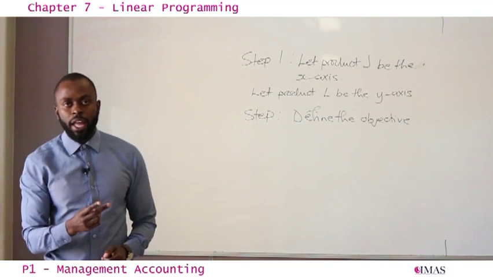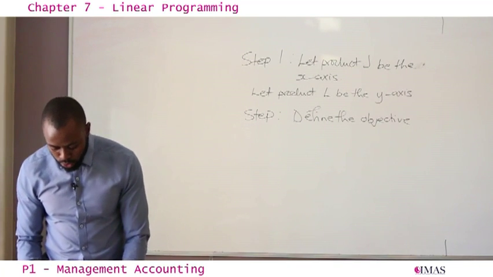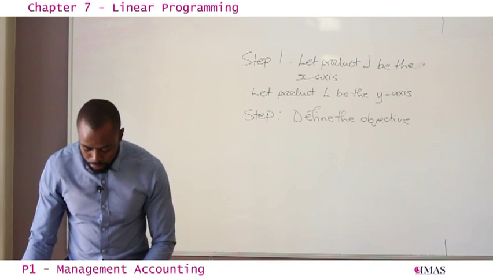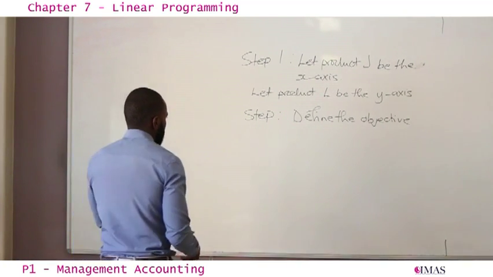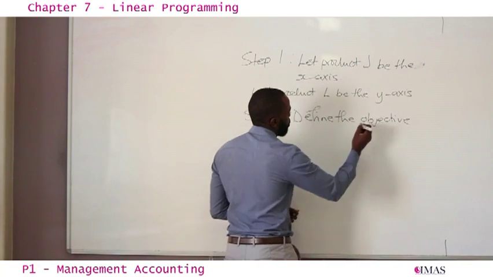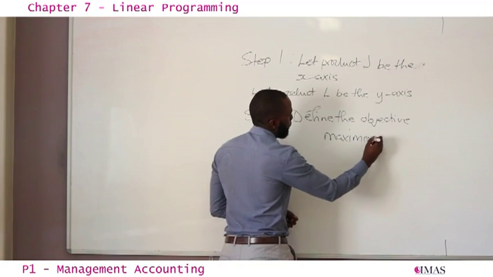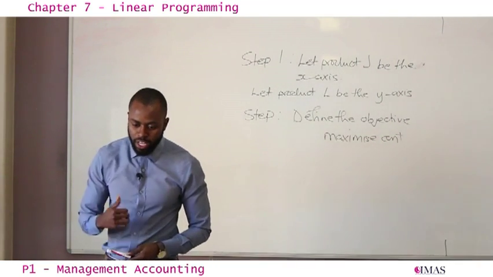Or the other aim is we want to minimize our cost. With this question, we're looking at maximizing the contribution. In step 2, we'll be looking at our contribution line. So our aim here is to maximize contribution. We have 2 products, J and L.